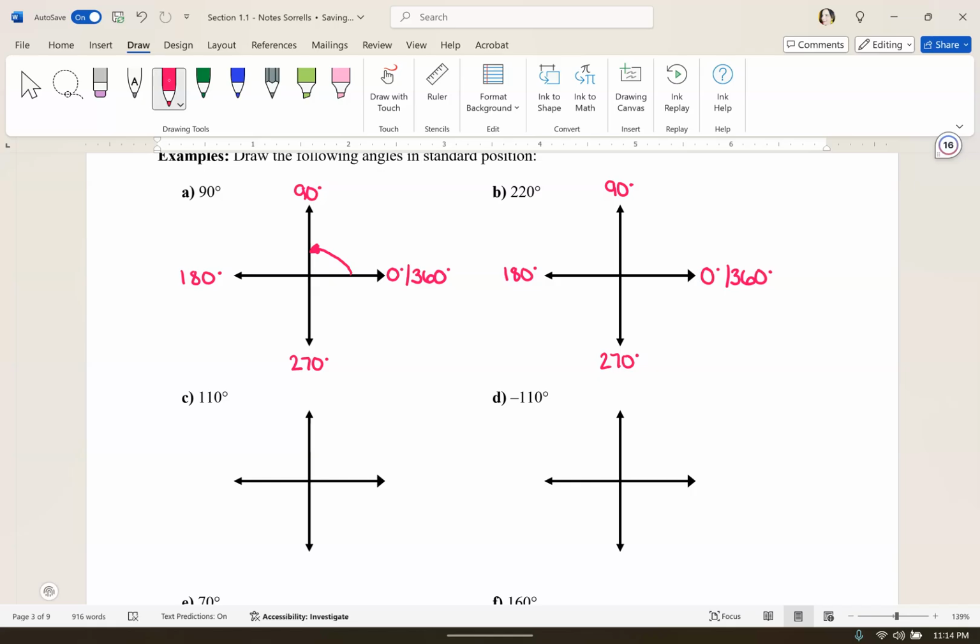So I am looking at 220 degrees. So as you can see, I am somewhere in quadrant 3.